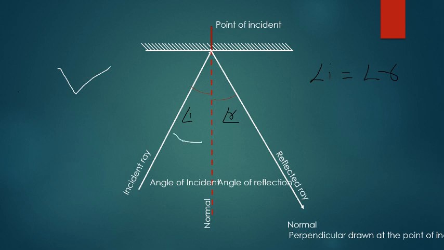So these angles are very important, and you should use the protractor to draw them. In the next video we shall see how we can represent the loss of light using this diagram. Thank you.